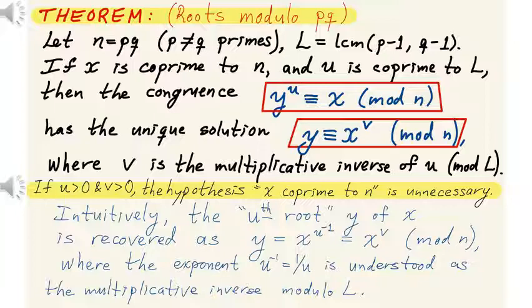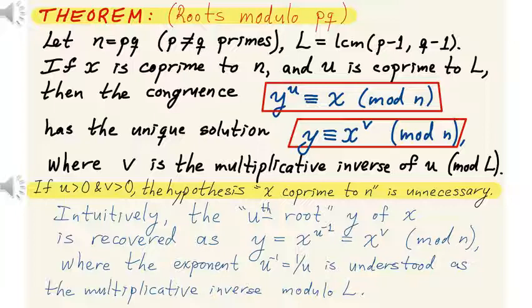So the exponents, when you're taking powers in U_n, are in some sense elements of Z mod L. And for that reason, the inverse operation of raising to the u is raising to the u inverse, where u inverse is the element v equal to the multiplicative inverse of u modulo L.